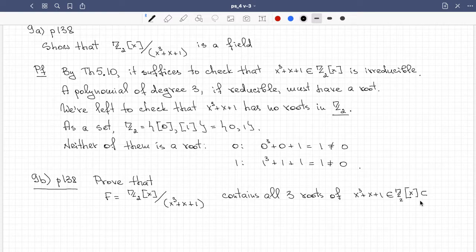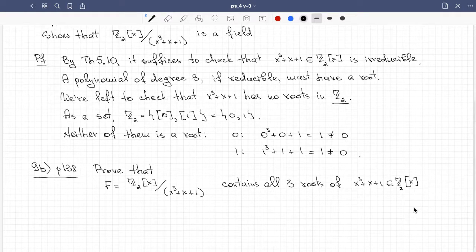This polynomial has roots. Now, how did we do that?